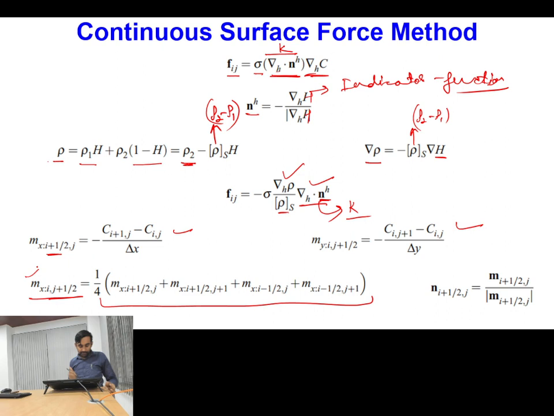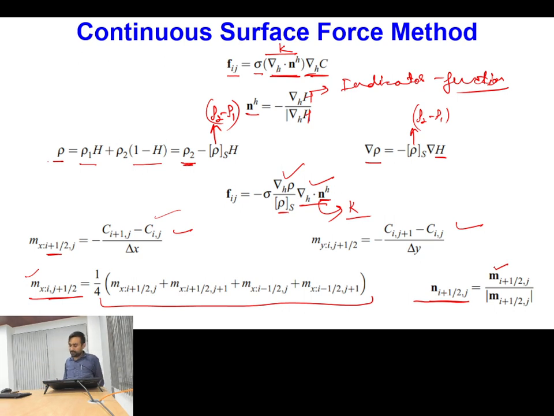Okay. So now depending upon our requirement, I can calculate the m vector using the values of color function, which we have done previously in the previous lecture. Then from that color function, now I can calculate normal vector. Normal vector will be nothing but m was the normal vector and n was the unit normal vector.